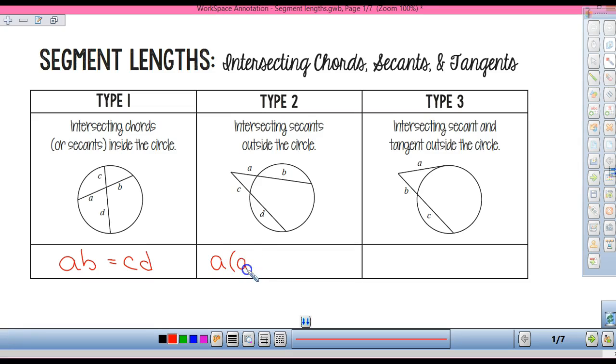So A times A plus B equals the outside, C, times the inside plus the outside, C plus D. And then another one on the outside, if it doesn't go two parts on the inside, little part, A squared equals outside times outside plus inside.